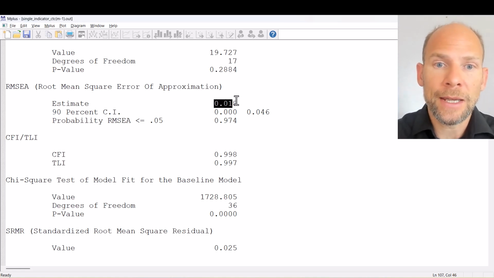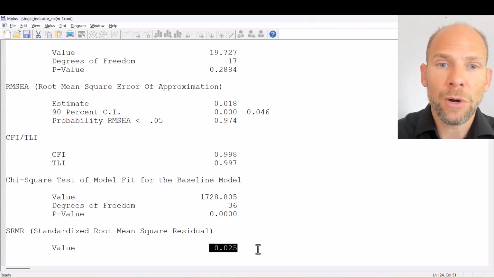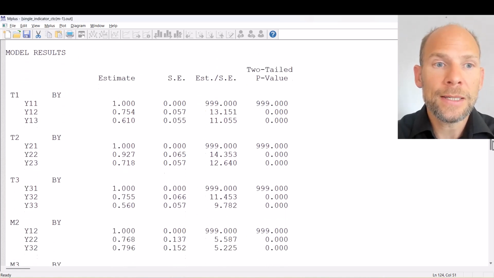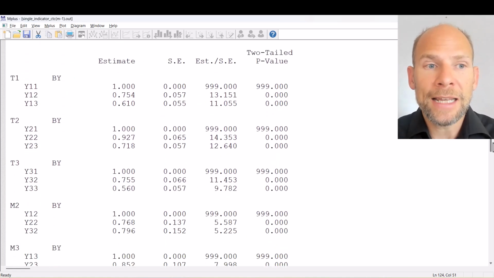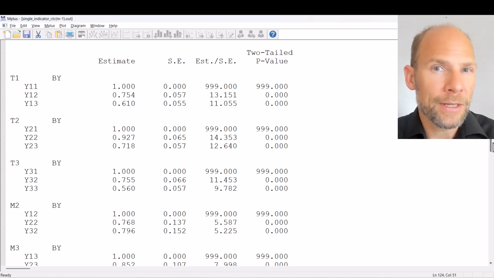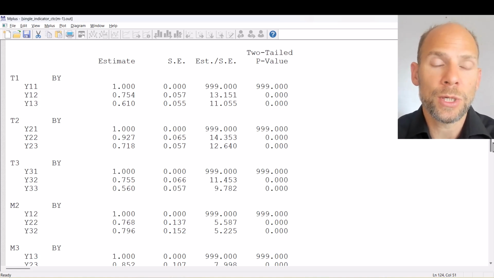Also, the RMSEA coefficient looks good here. CFI and TLI also look good, and the SRMR value is also pretty small. So the model fits the data well, so we can safely interpret the parameter estimates. Now, with regard to the CTCM-1 model, the unstandardized solution that you can see here is often not terribly interesting. So we can really gain more information from the standardized solution, specifically the completely standardized solution where all observed and latent variables are standardized.